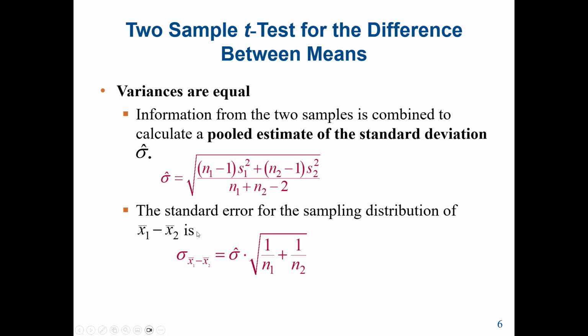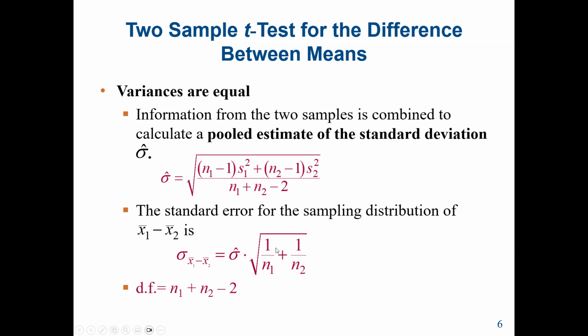The standard error will be the pooled estimate of the standard deviation times the square root of 1 over N1 plus 1 over N2. Then the degrees of freedom is N1 plus N2 minus 2. This is if the variances are equal.